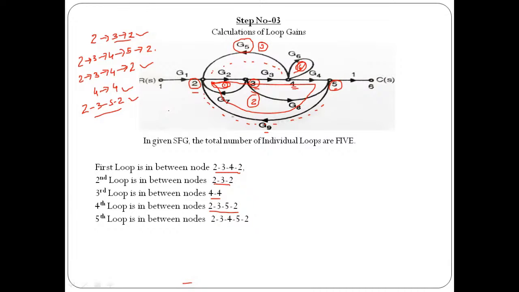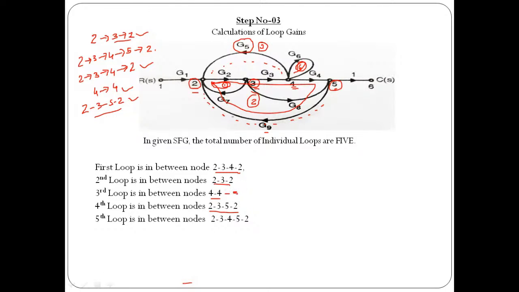So in step number 3, we need to find out how many individual loops there are, and we apply the logic. We need to start with one particular node and end with the same node, and while ending, it is possible that we take one or more nodes in the path, or it is possible that no other node is taken in that loop formation, like a self loop, like in this case loop number 3 started with node number 4, ended at node number 4 without taking any other node in the path.